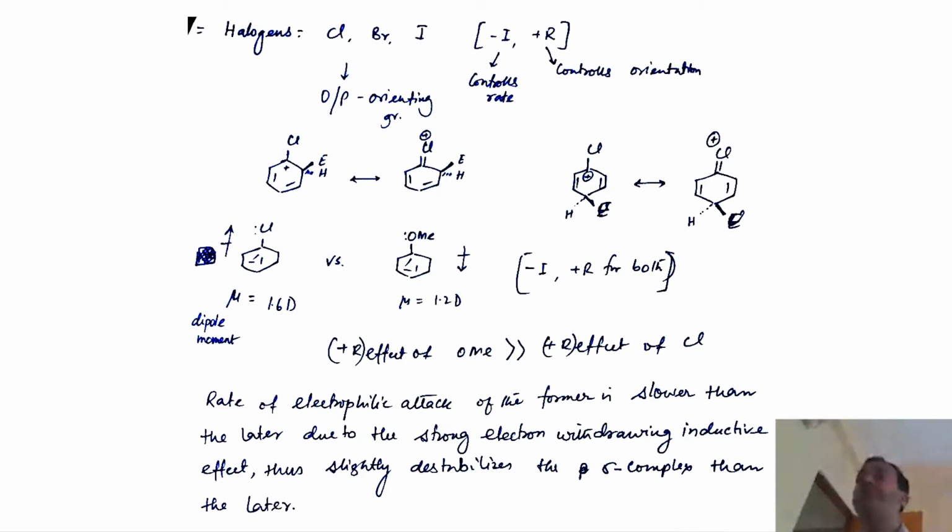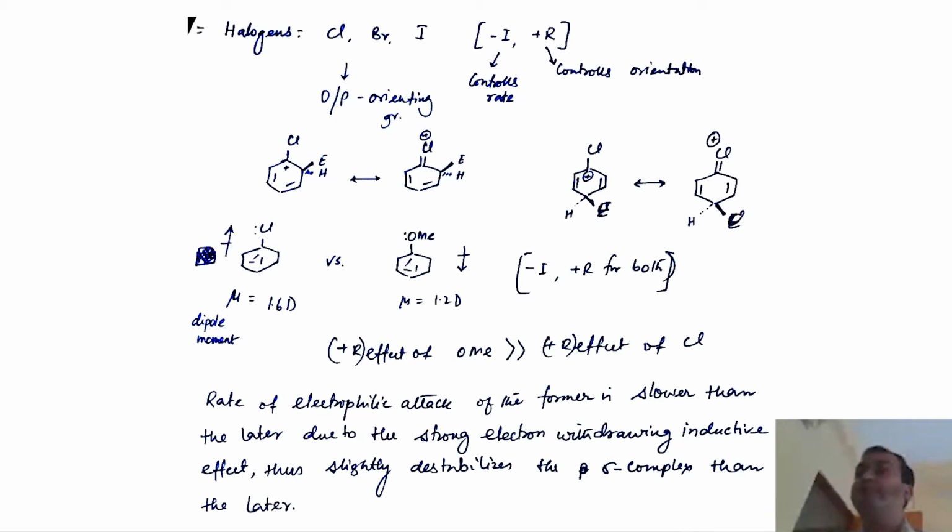But this is a little bit different. Let me explain how this works here. In case of halogens, these two effects have two different roles. The minus I effect controls the rate and the plus R effect controls the orientation. What does this mean? The minus I effect takes up electron density from the aromatic system.